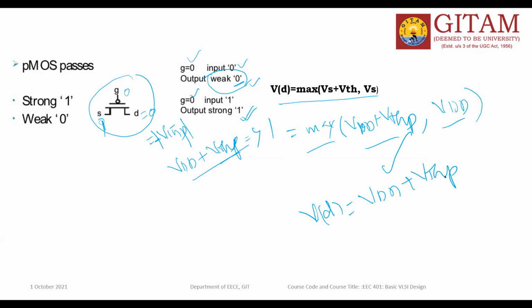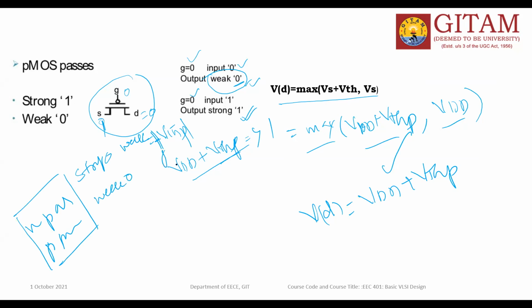From this you can understand one thing: your P-pass switch, the PMOS pass transistor, gives strong 1, weak 0. So I can conclude here that your N-pass has strong 0, weak 1, and P-pass is weak 0 and strong 1.